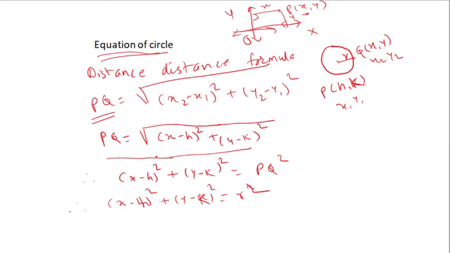Therefore, (x minus h) whole square plus (y minus k) whole square is equal to PQ square, that is radius square. And this is nothing but the standard equation of circle. Is it clear? Up to this, I think there is no problem regarding the definition of circle and equation of circle. Now, let's see some examples based on this.